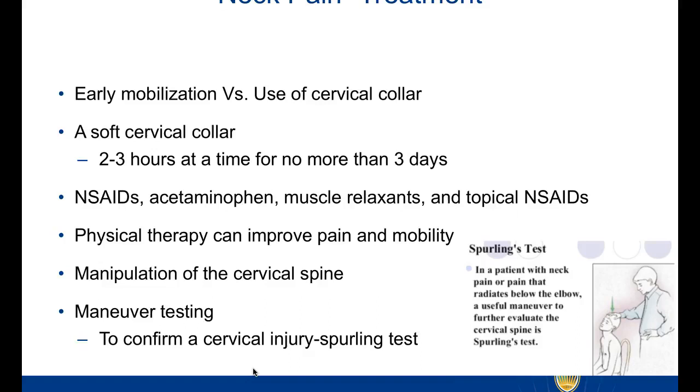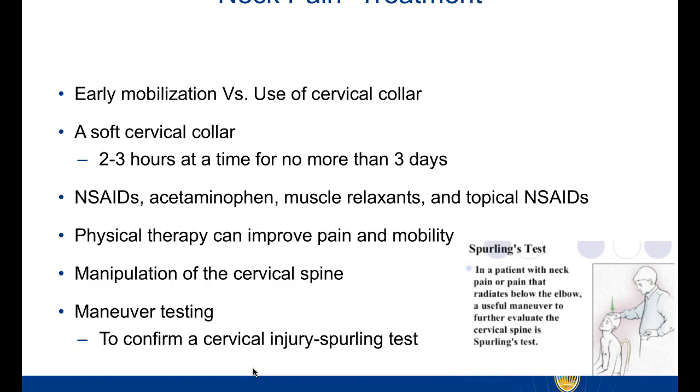Manipulation of the cervical spine, such as chiropractic manipulation, is contraindicated in the elderly as well as those with associated neurological abnormalities, osteoporosis, rheumatoid arthritis, and carotid vertebral atherosclerosis.